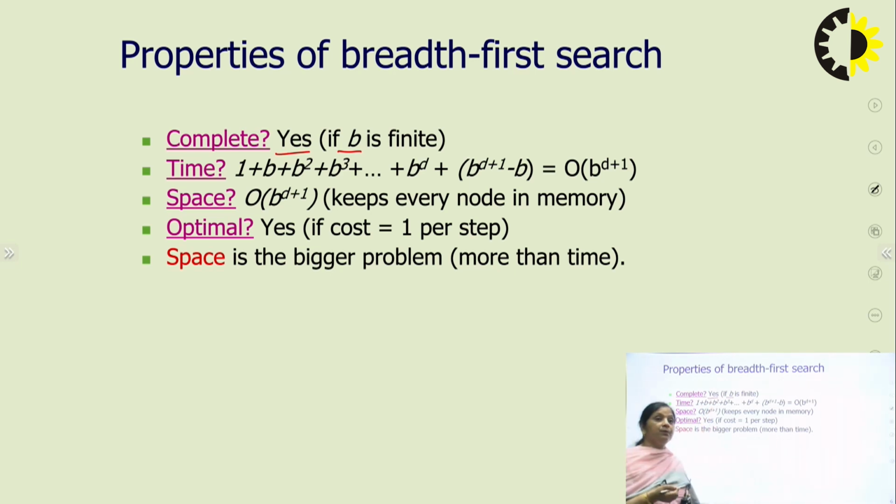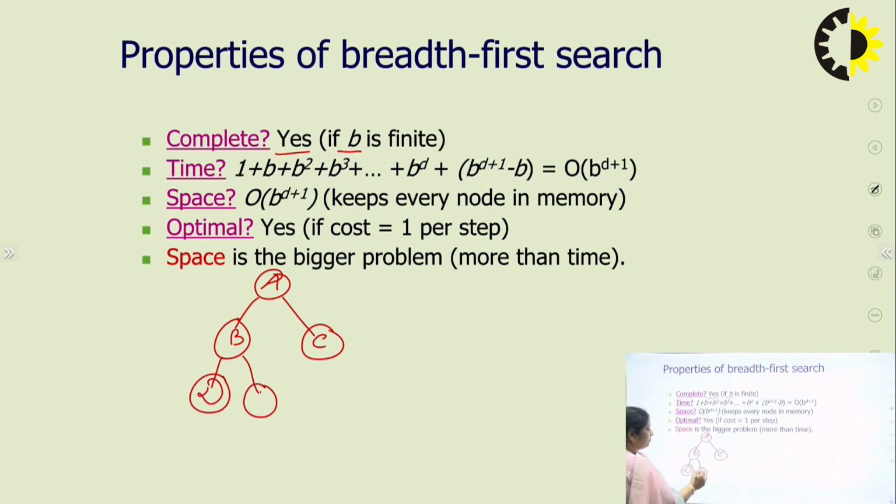What is the time complexity? How many nodes is it working out? So it will check the first one, then its neighbors, then neighbors, neighbors, and so on.